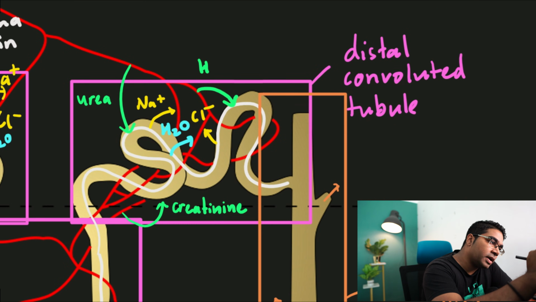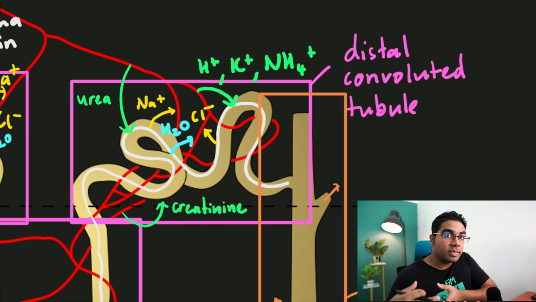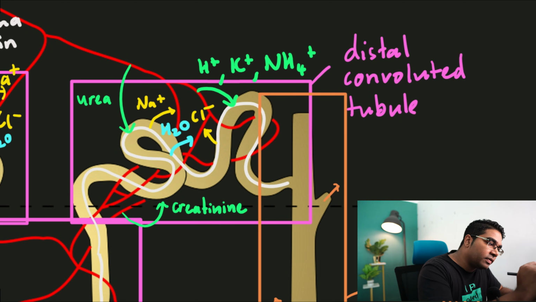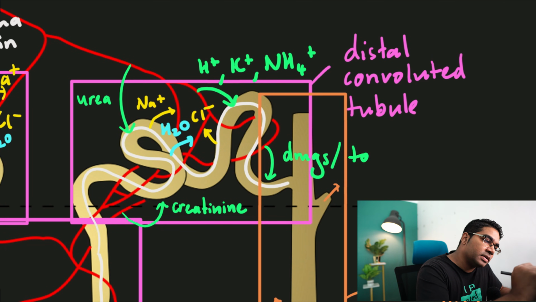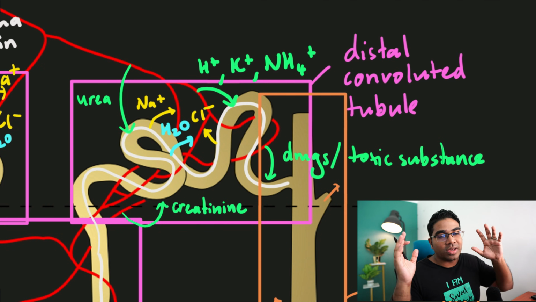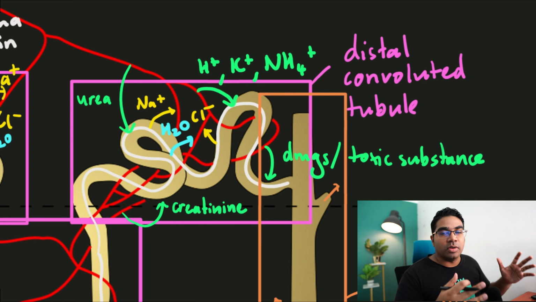They are hydrogen ions, potassium ions, and ammonium ions. These are the ions that are secreted out from the blood into the glomerular filtrate. At this point, we also have secretion of drugs and toxic substances out into the glomerular filtrate. So these are going out of the blood into the glomerular filtrate.